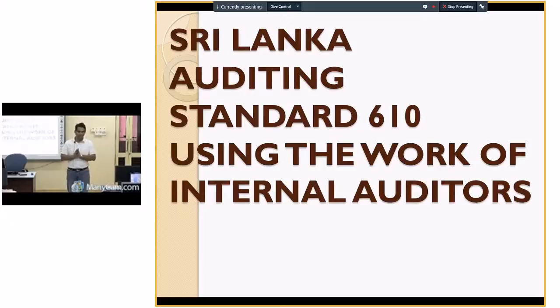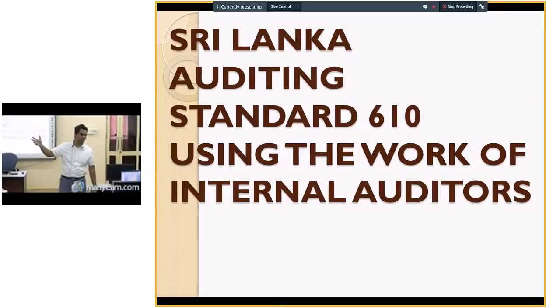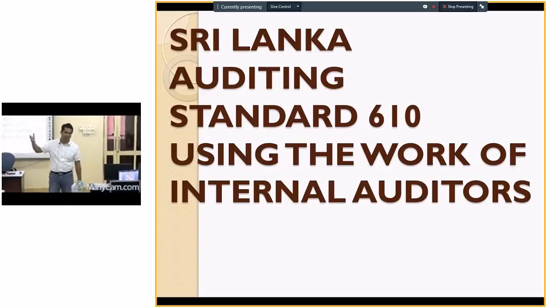Now the internal auditor's role has been expanded to a greater level. They will look into the corporate governance requirements, so you have the internal audit committees. They will look into risk management aspects. It depends on their scope, capabilities and strengths, so it's up to the management to decide. But their main focus is internal controls.